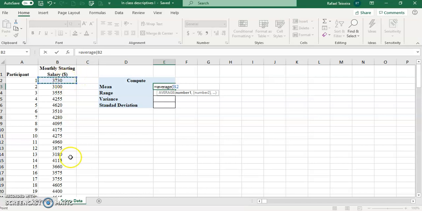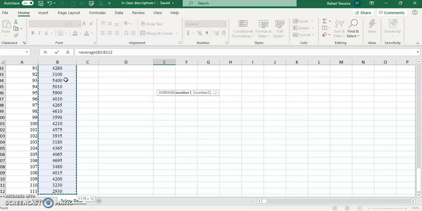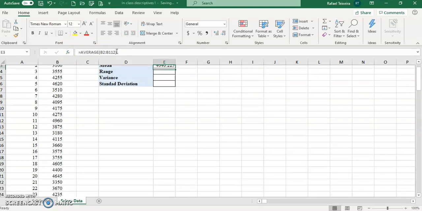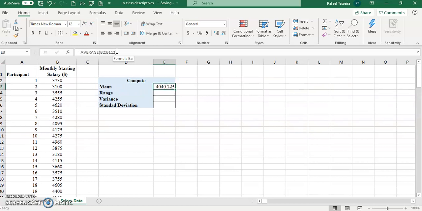To make it easier, when I have many rows, I hold the keys Control, Shift, and then select the arrow down, and it selects everything. Then all I have to do is close parentheses, hit enter, and that's the mean salary for this sample. So this is how you compute the sample mean.